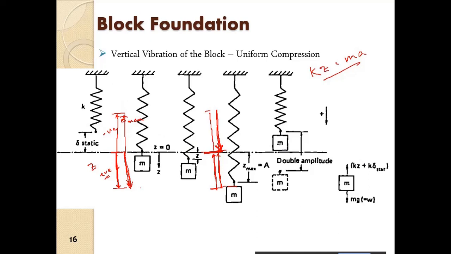Acceleration is also increasing, but acceleration is always directed to the equilibrium position. So that is why the phase is opposite. As z increases, the acceleration will increase in the opposite direction.